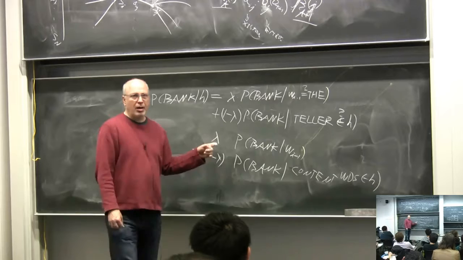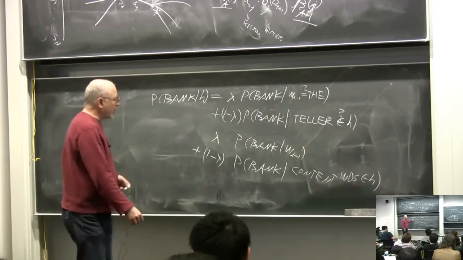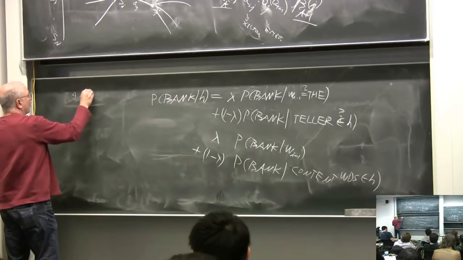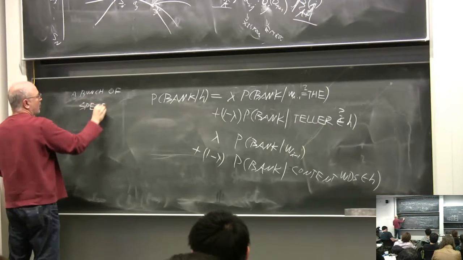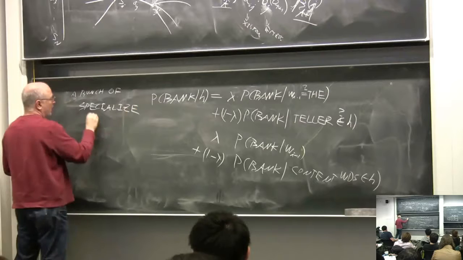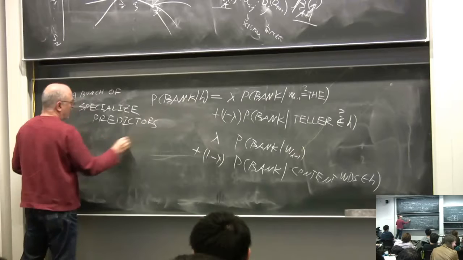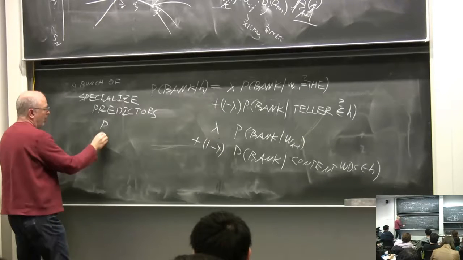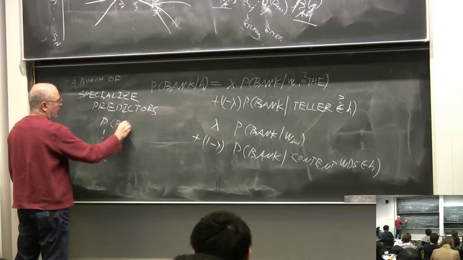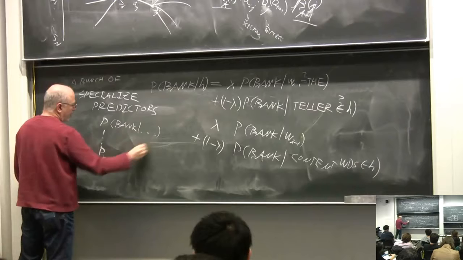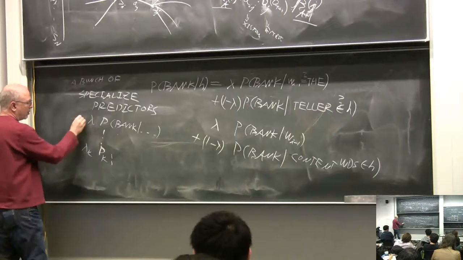The nice thing about it is that it results in a consistent and normalized model, because if I have a bunch of specialized predictors, P1 through Pk of the same thing, of the word bank, given something, and I combine them with lambda, so it'll be lambda 1 through lambda k.